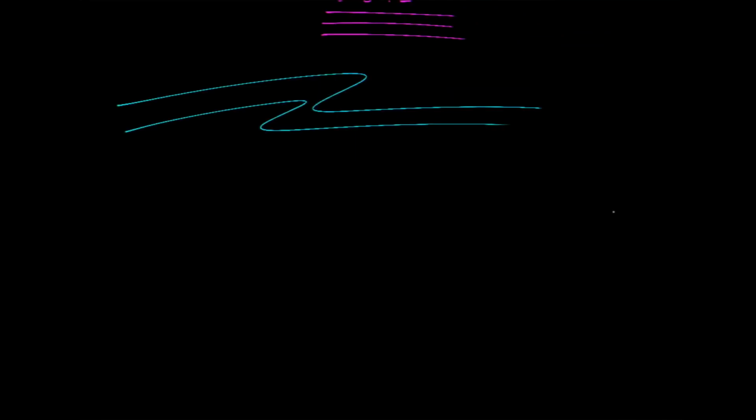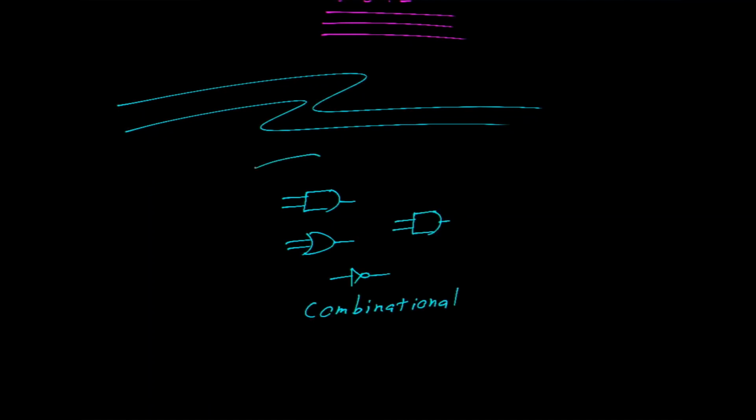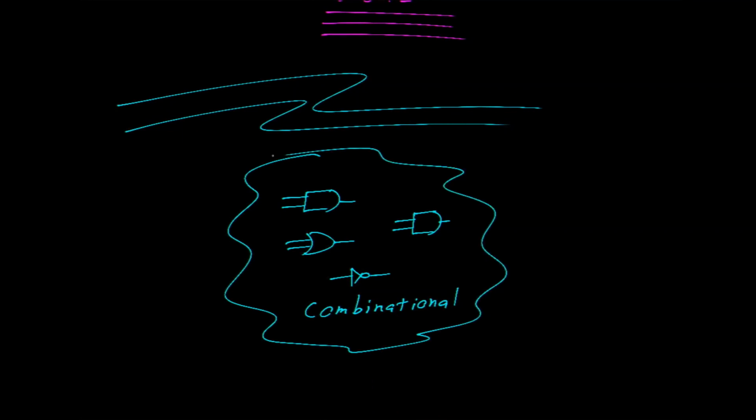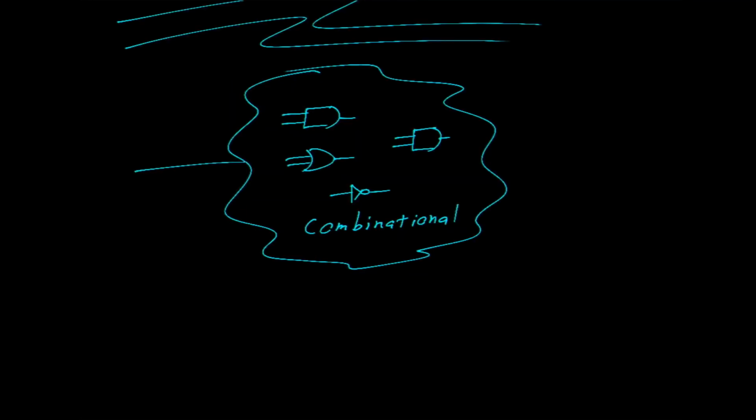I have one more thing I'd like to talk to you about. Everything we've done up to this point has dealt with combinational logic. We built it with a variety of gates, which together were described as a cloud of circuitry. There were inputs and there were outputs. And it was very clear that the outputs were 100% dependent on the inputs.